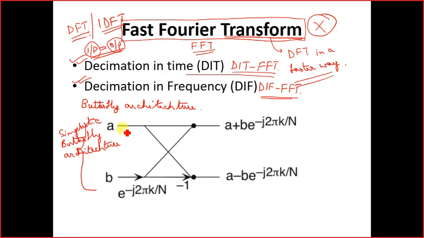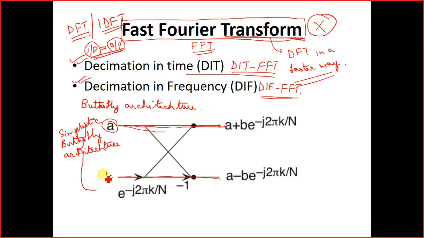What it says is, you have two signal flow graphs. One signal starts from A and comes over here at one of the output points, and the second one is B, and it moves in this way.